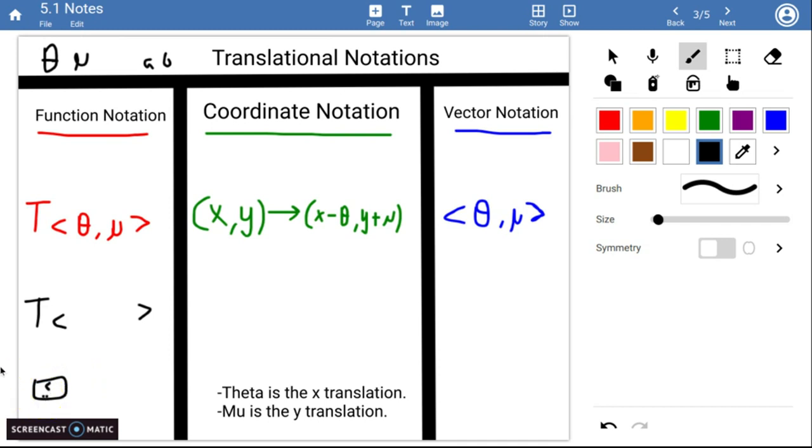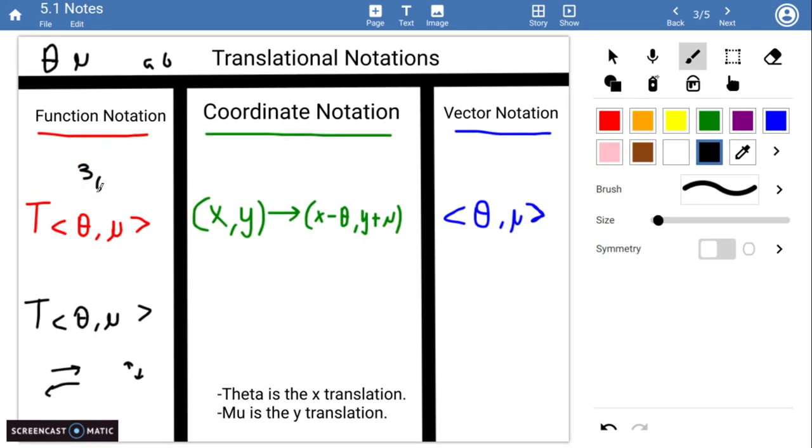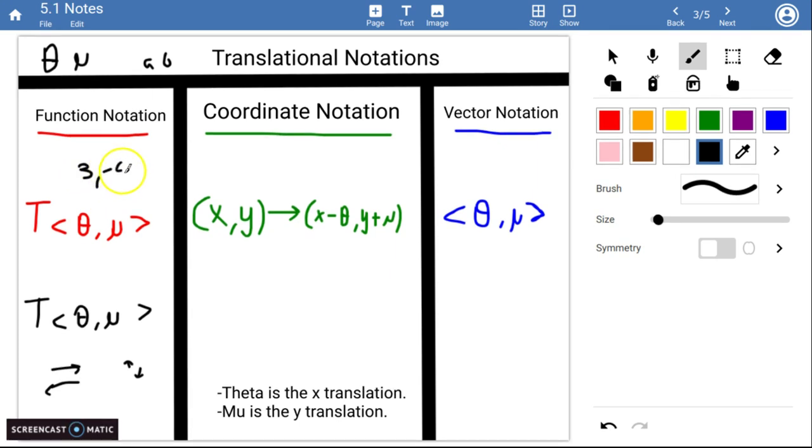Inside that you put the 2 values of the translation. Theta will be the x translation, how much to the right or left it changes. And mu is the y translation, how much up or down it goes. So if you were moving right 3 and down 5, you would plug in 3 for theta, and negative 5 for down 5.